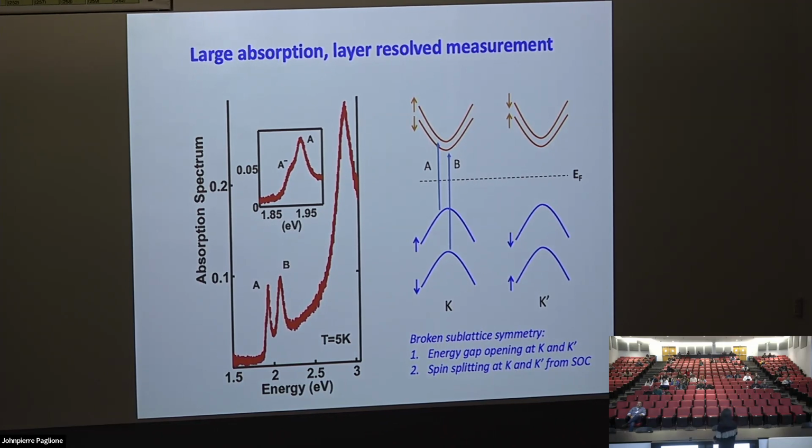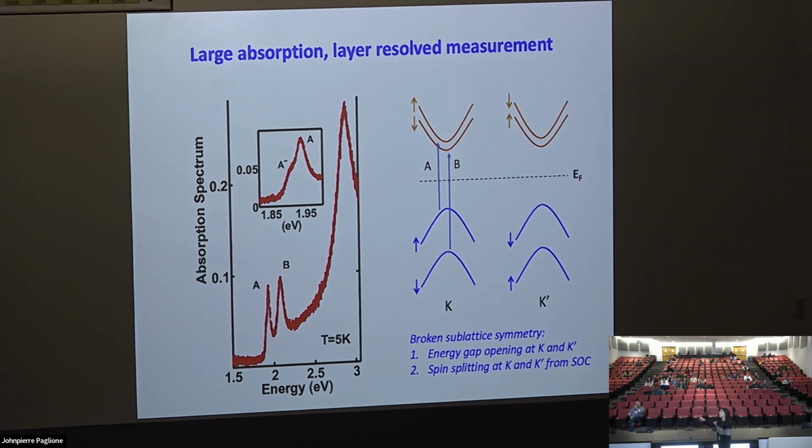I would like you to pay attention to two features, which I call the A and the B, those very sharp resonances. They correspond to optical transitions from the upper valence band to the conduction band, and the B corresponds to the lower, spin split valence band to the conduction band.